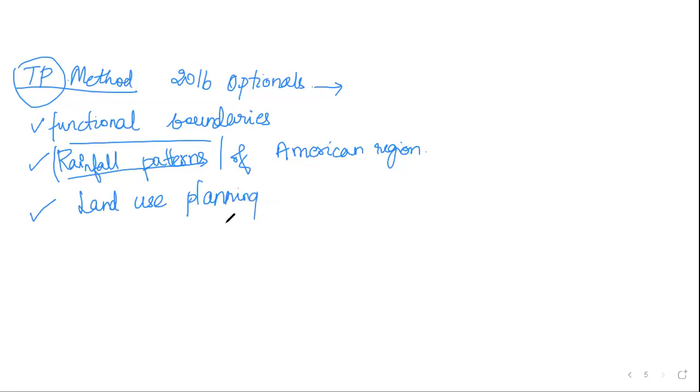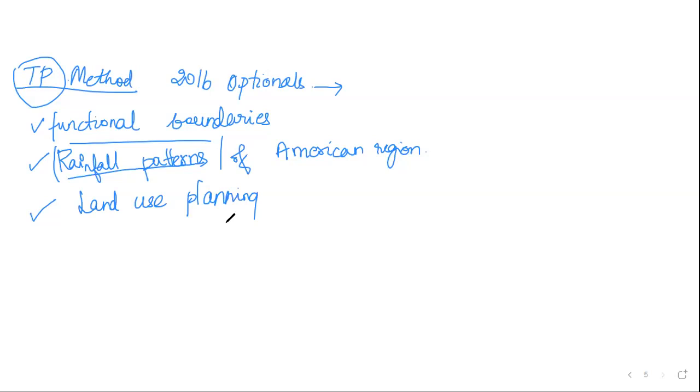Then it is used to identify the functional areas of, maybe if I'm going to set up a hospital, or certain educational institutions, I need to know what are the areas from where people will come and join my hospital, and from where people will come and join my educational institution.